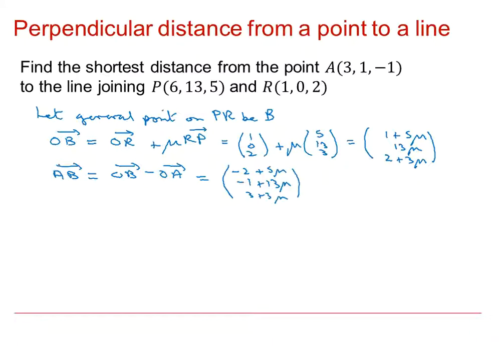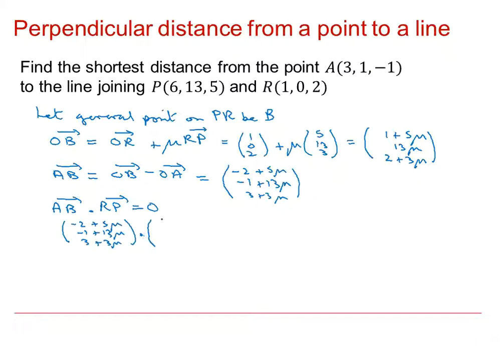We know the vector from our given point to the line, and we know the direction of our line also. The shortest distance from A to the line will be when the displacement vector from A to B dotted with the direction of the line, which we've used RP, is 0, because we get the shortest distance, the shortest vector, when it is perpendicular to the line.